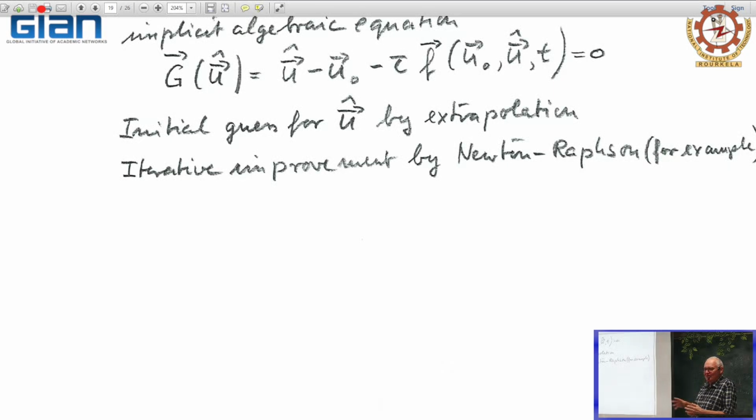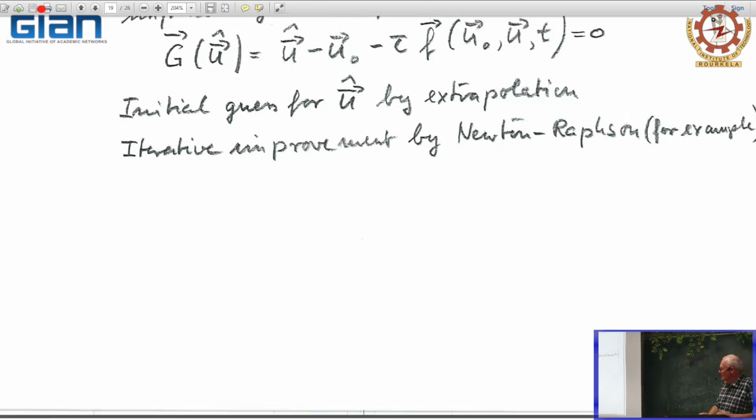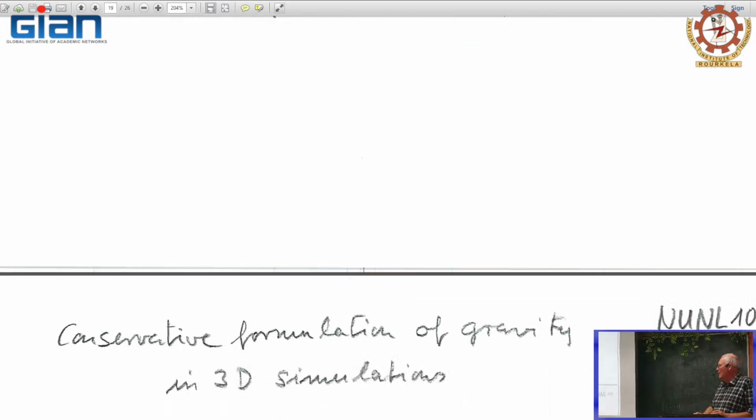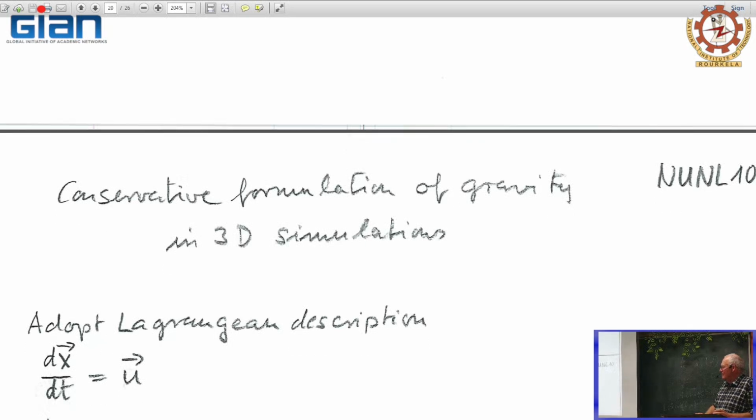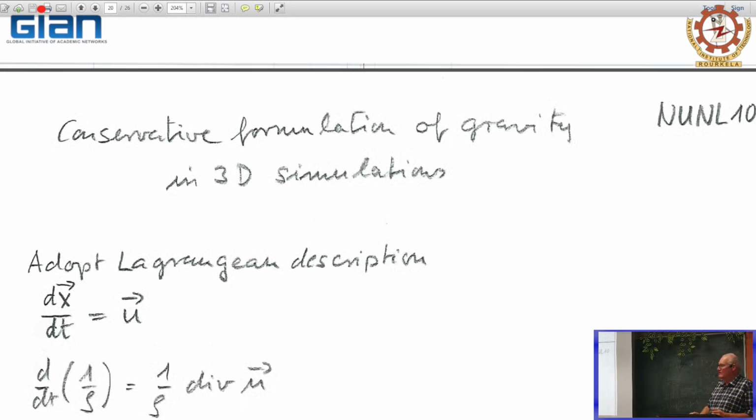I have given it here on the transparencies, but with respect to the time which is left, we cannot go through that in detail. But if you're interested, you can try to follow the proof of the 3-dimensional representation of the gravity, which will be given to you. I would like to sketch briefly how this 3-dimensional formulation of gravity can be done, which subsequently might be used for 3-dimensional simulations.